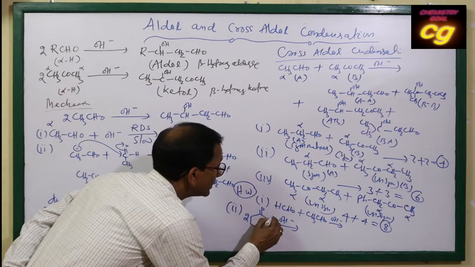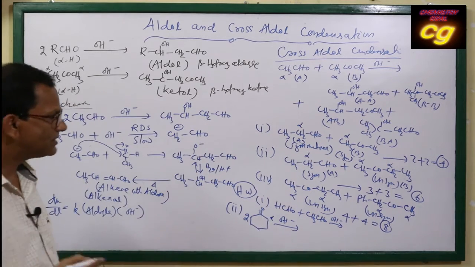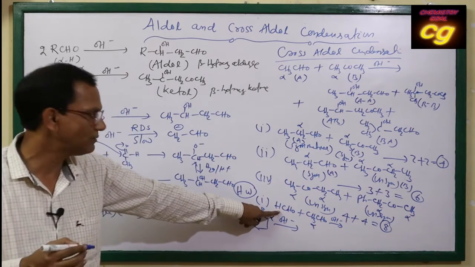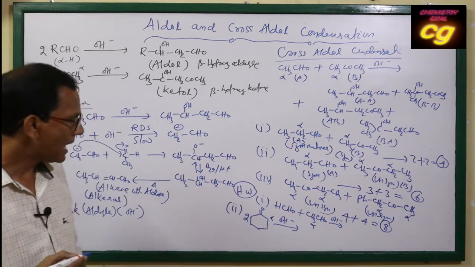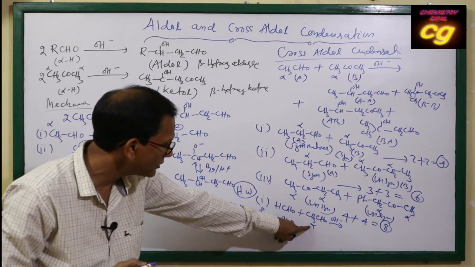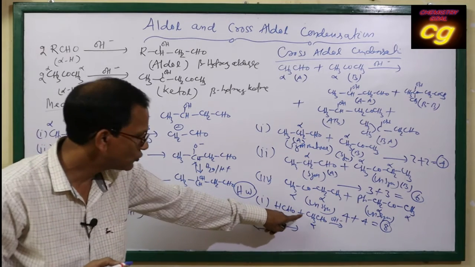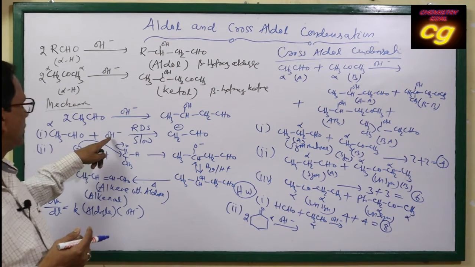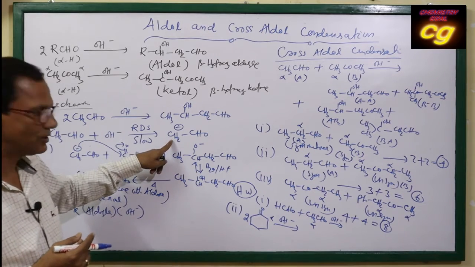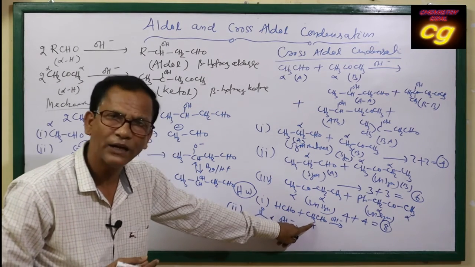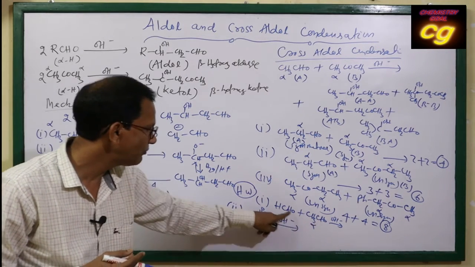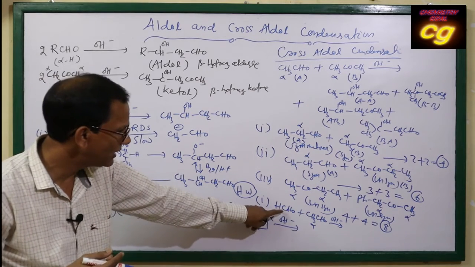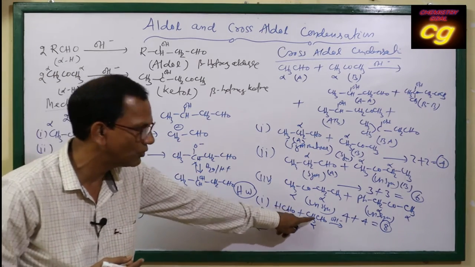This is your alpha hydrogen atoms. This is also one alpha hydrogen atom. Here it has no alpha hydrogen atoms. It has alpha hydrogen atoms. So with alpha hydrogen atoms, first it loses H plus ion to the base, forming a carbanion. Only then it will attack as a nucleophile.